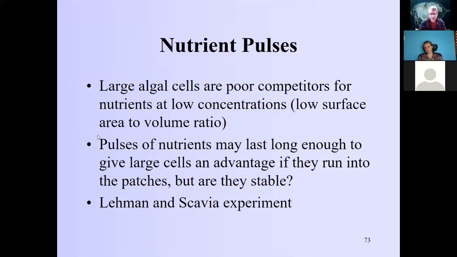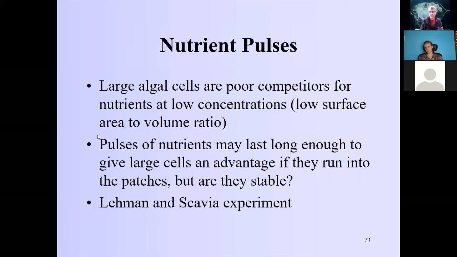Even so, even in systems where there doesn't appear to be a lot of grazing pressure that the largest cells would be resistant to, there are often large cells that shouldn't be great competitors. One idea is that pulses of nutrients may last long enough to give large cells an advantage if they run into the patches.